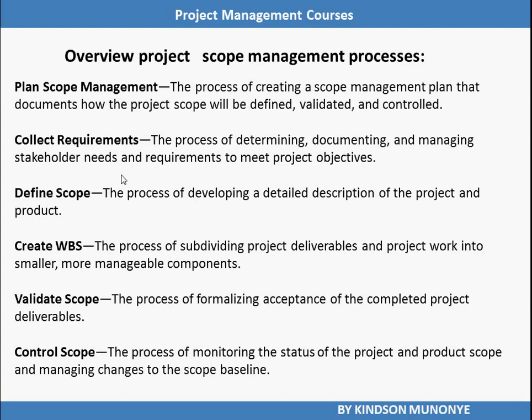This is the process of creating a scope management plan that documents how the project scope will be defined, validated, and controlled. The second is collect requirements, the process of determining, documenting, and managing stakeholder needs and requirements to meet project objectives. The third is define scope, the process of developing a detailed description of the project and product.